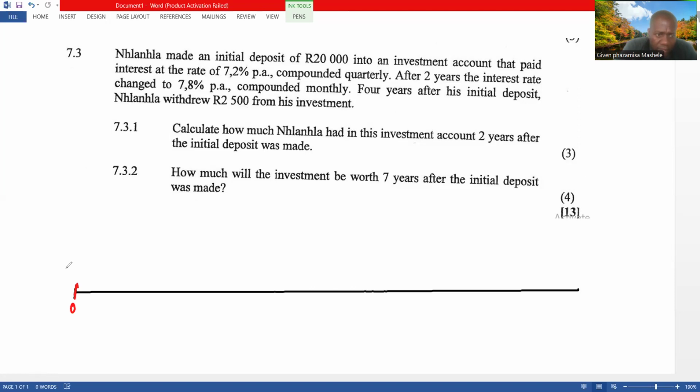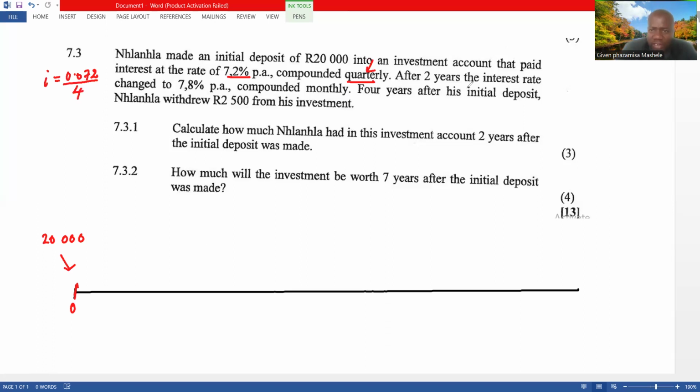At this time, this person deposited 20,000 rands in an investment that paid an interest rate of 7.2% compounded quarterly. If it's 7.2, we say 7.2 divided by 100, which is 0.072. Compounded quarterly: a year has 4 quarters, so we have to divide this interest by 4.